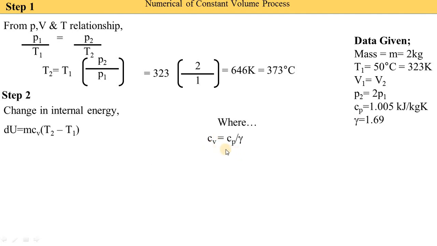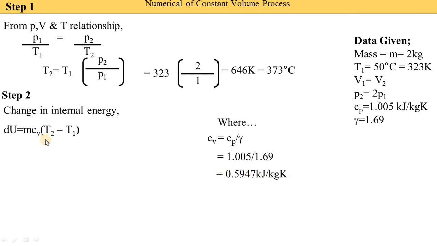We use the equation gamma is equal to Cp upon Cv. So Cv is equal to Cp upon gamma. Putting the value of Cp, that is 1.005, and gamma equal to 1.69, we get Cv as 0.5947 kilojoule per kg Kelvin.